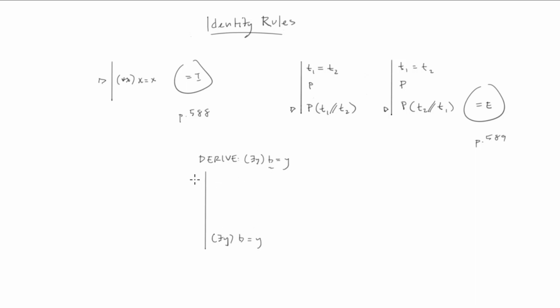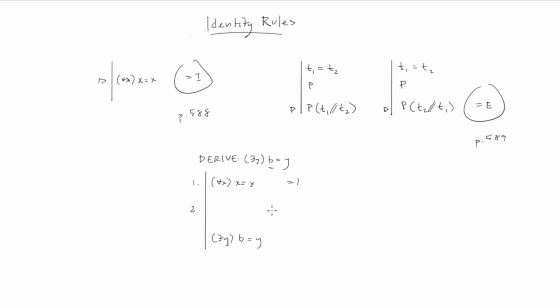The way we're going to get started right there on line 1 is by appeal to the rule identity introduction. So I just insert the line for all x, x equals x.